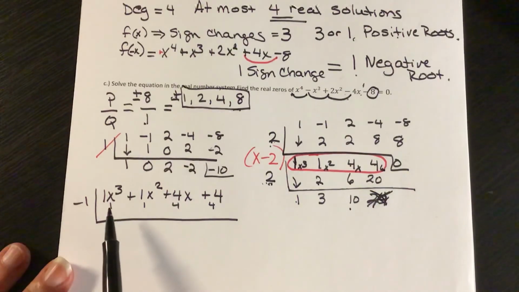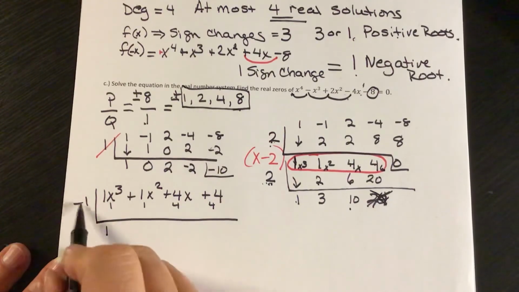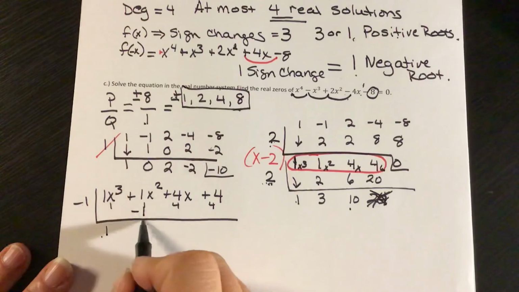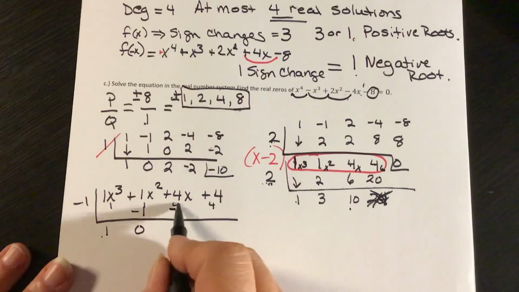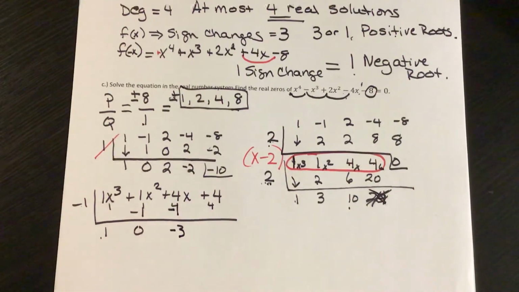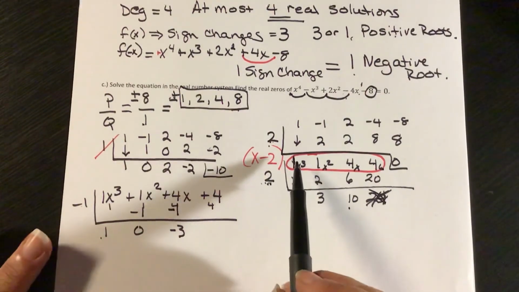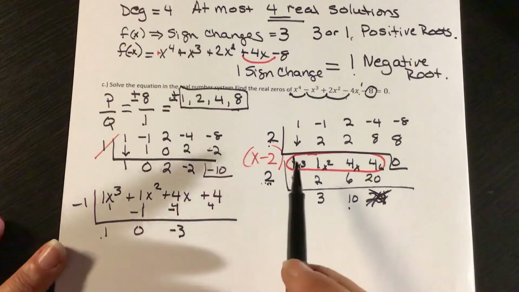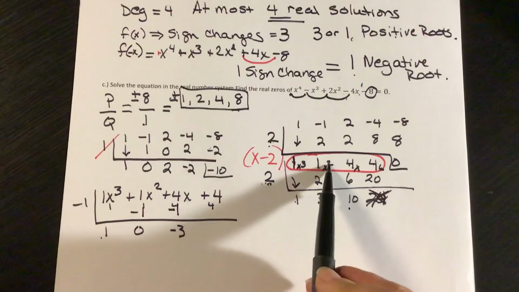So if I try negative 1, I have 1 down here. This is negative 1. Add, I get 0. Negative 1 times 0 is negative 1. Add, I get negative 3, and something is just not right. I'm going to go back and check.